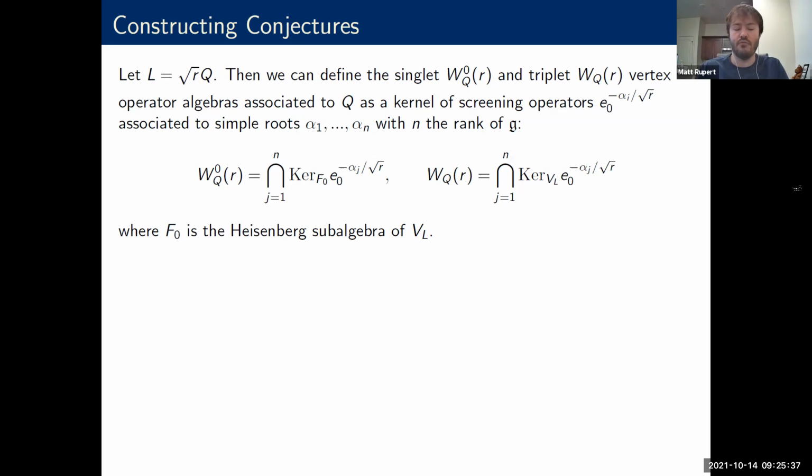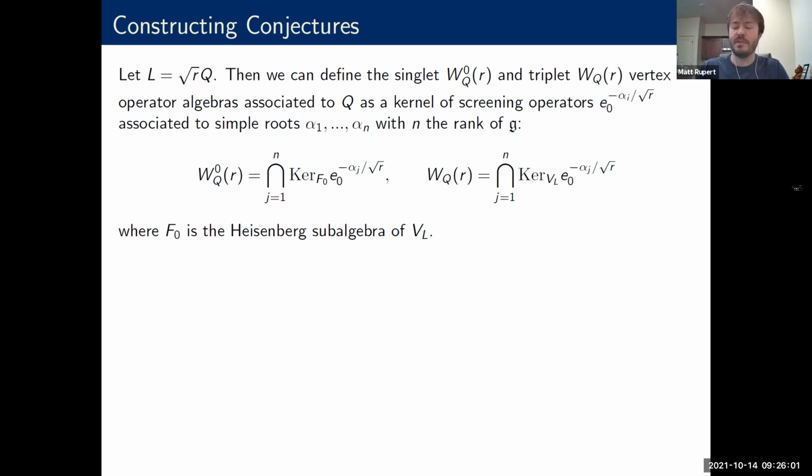Okay, so let L be this rescaling of the root lattice Q by square root of r. Then we can define the singlet and triplet vertex operator algebras associated to Q as an intersection of kernels of screening operators that should be associated to each simple root.